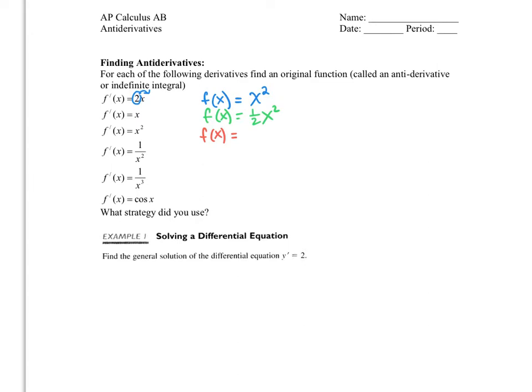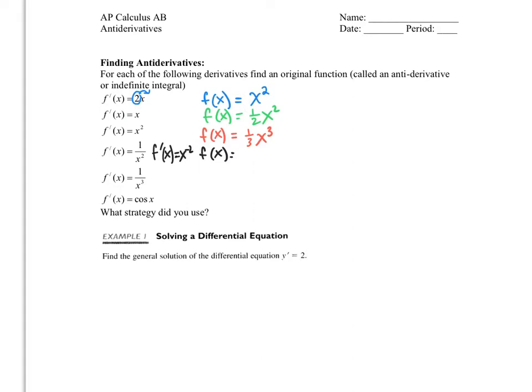So you can hit pause and try to figure out the rest of these and then double check that you've done them correctly. In this third case, it would be 1/3 x to the 3. Then we have, one way to look at this, f prime of x is x to the -2.